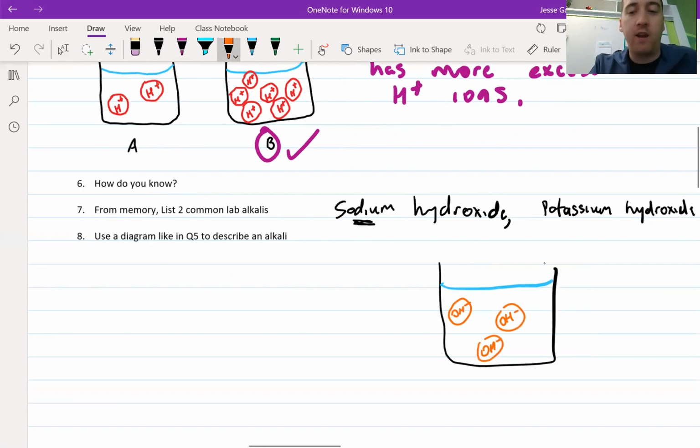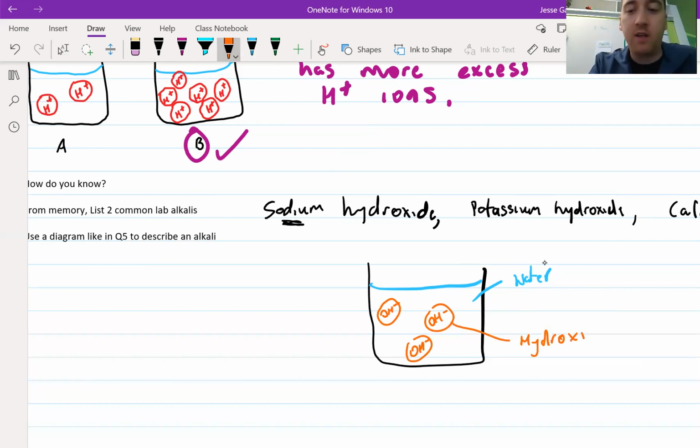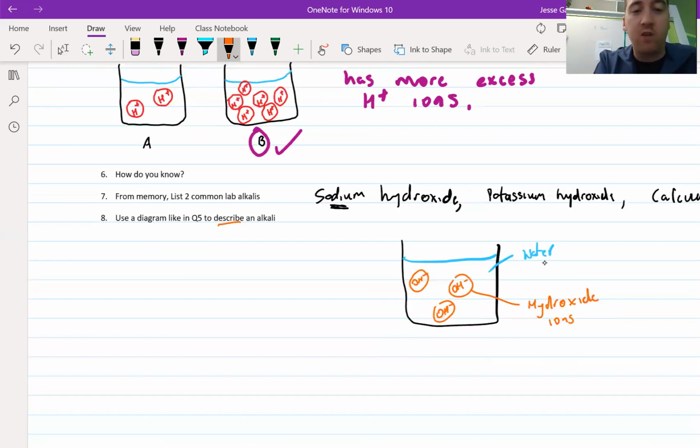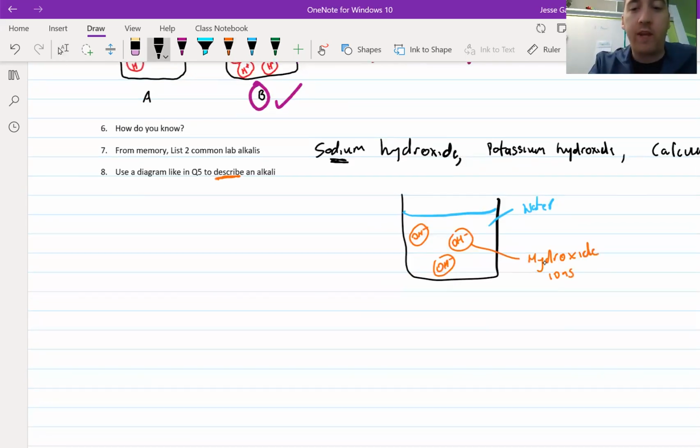So this is water, and these are what we call hydroxide ions. Again, that's not really answering the question. We have used a diagram, but we haven't really described an alkali yet. How could we sum it up?